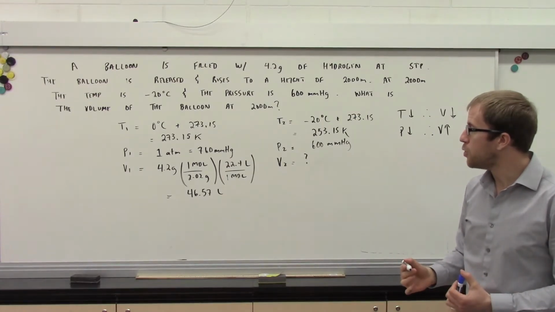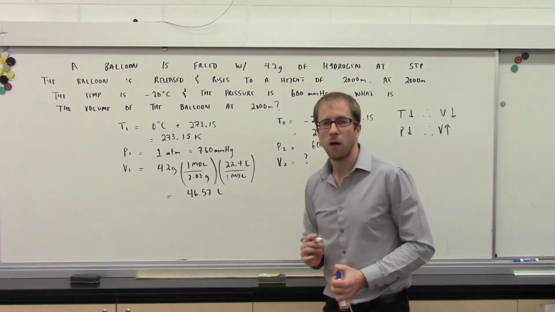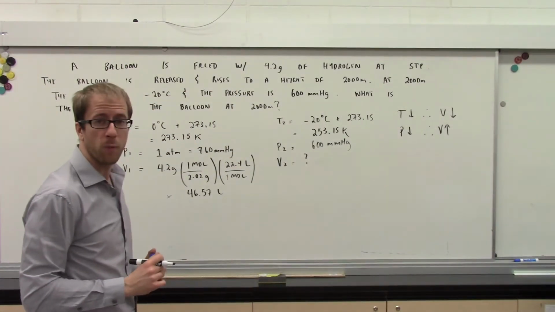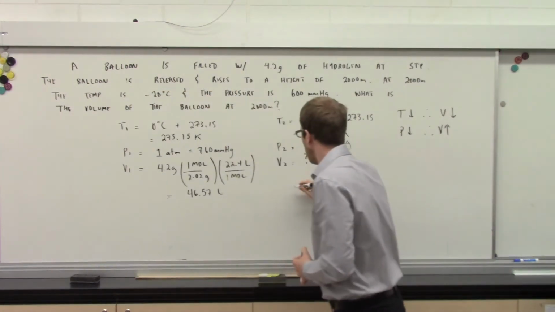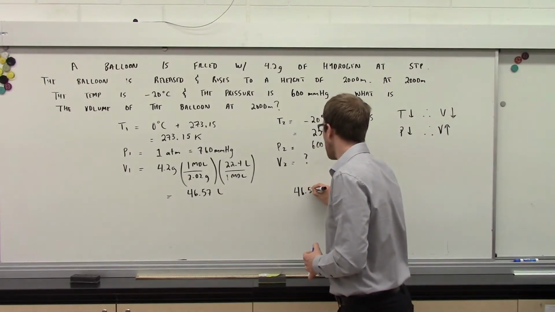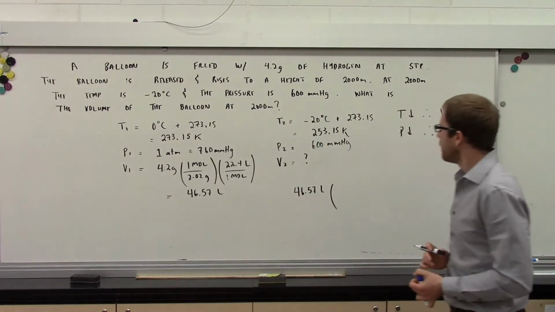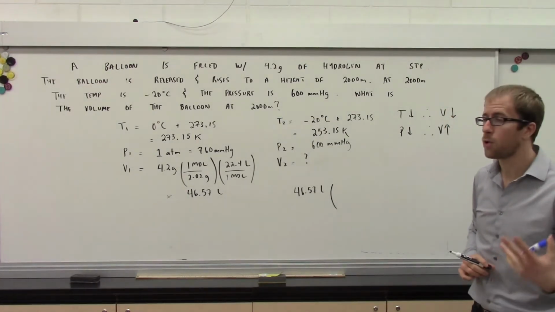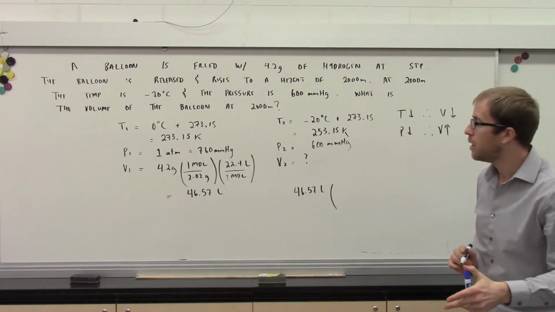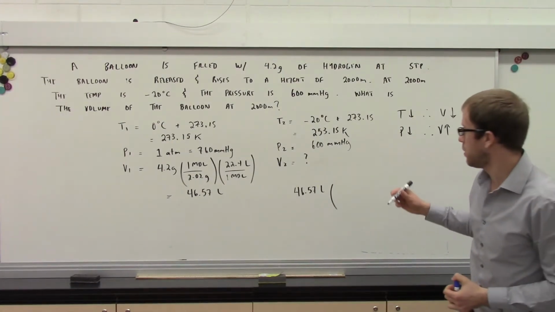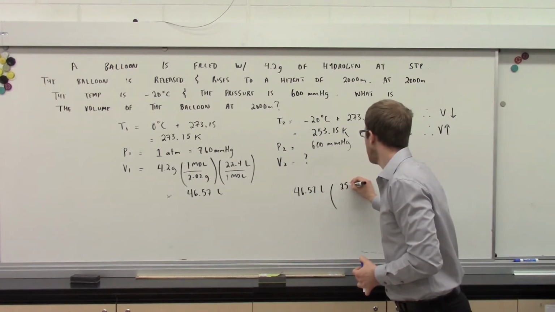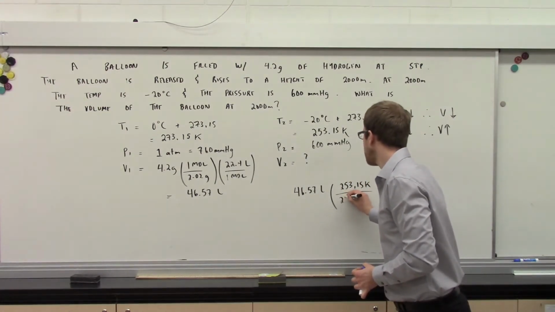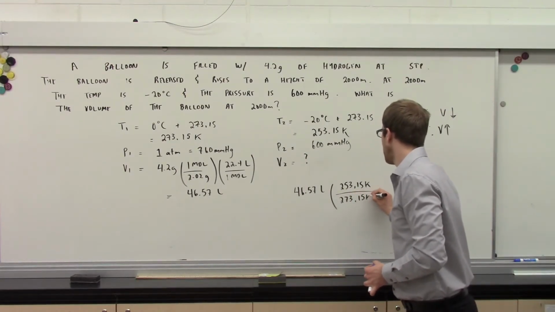So now all we need to do is multiply our volume here by our ratios that fit our predictions. So if we have 46.57 liters, let's multiply this by the ratio of our temperatures that will cause our volume to decrease. So we'll put the larger number as the denominator. That's 253.15 Kelvin over 273.15 Kelvin.